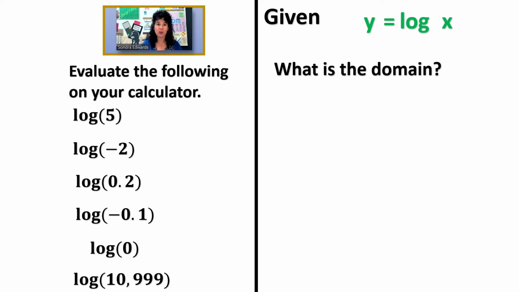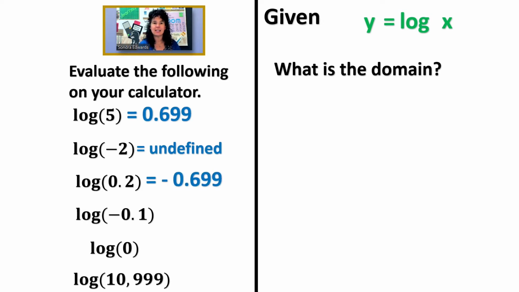So what I've done here is I've just simply jotted down the logarithm of several different x values. Let's take a look at what happens when I try to take the log of 5. So the log of 5 has an answer of about 0.7. The log of -2 is an error message in a calculator. It's undefined. Okay, here are a few more.